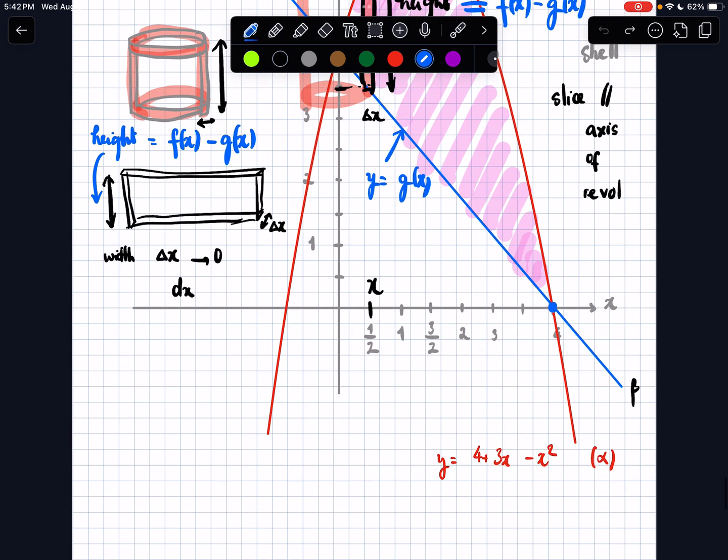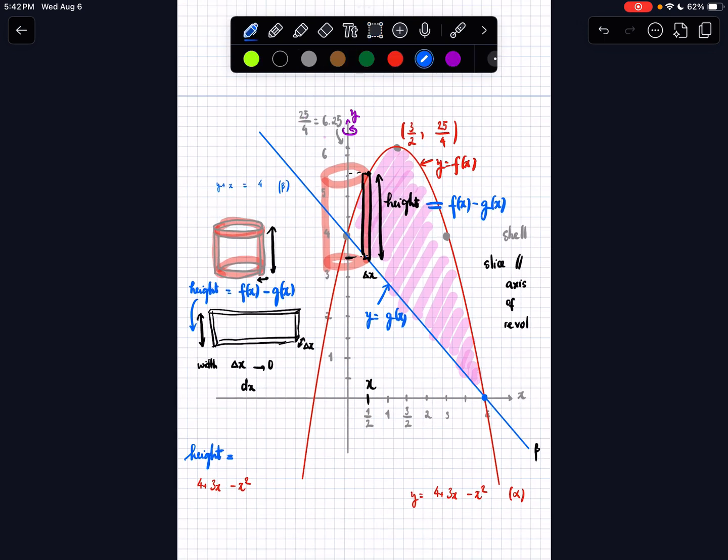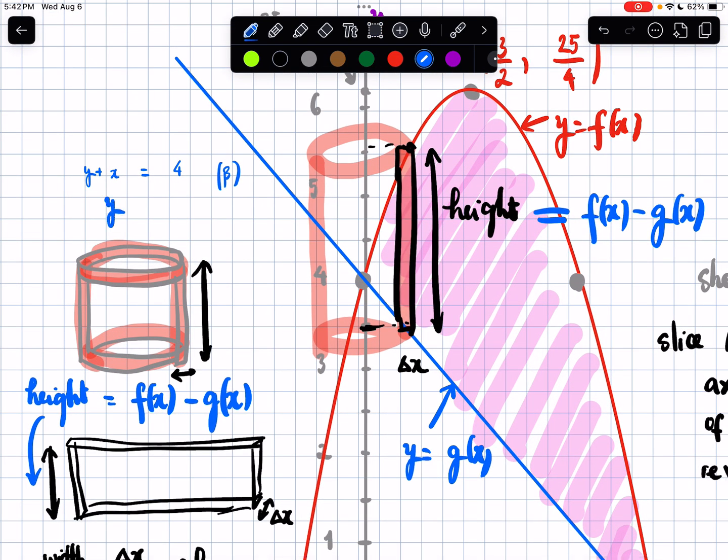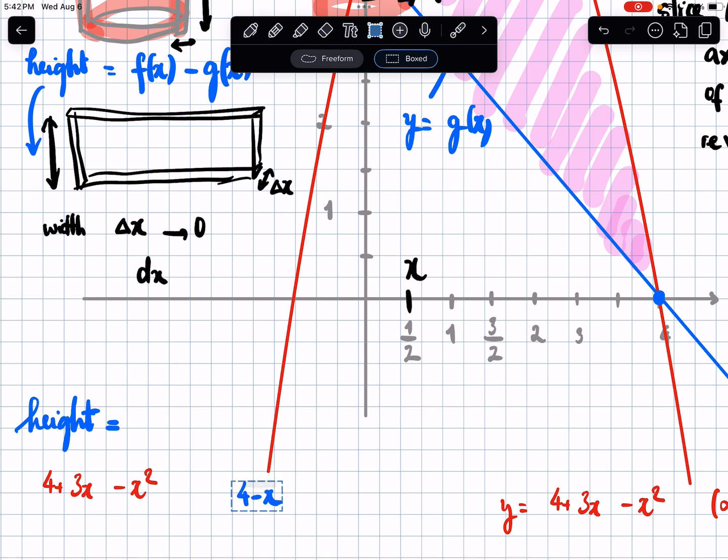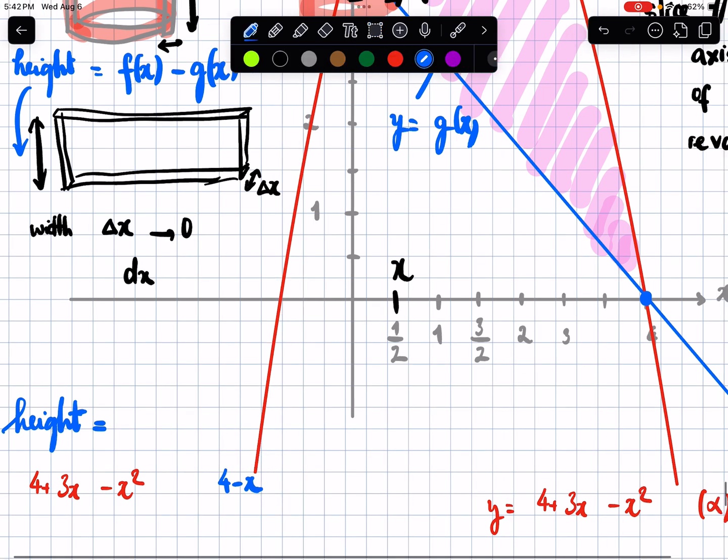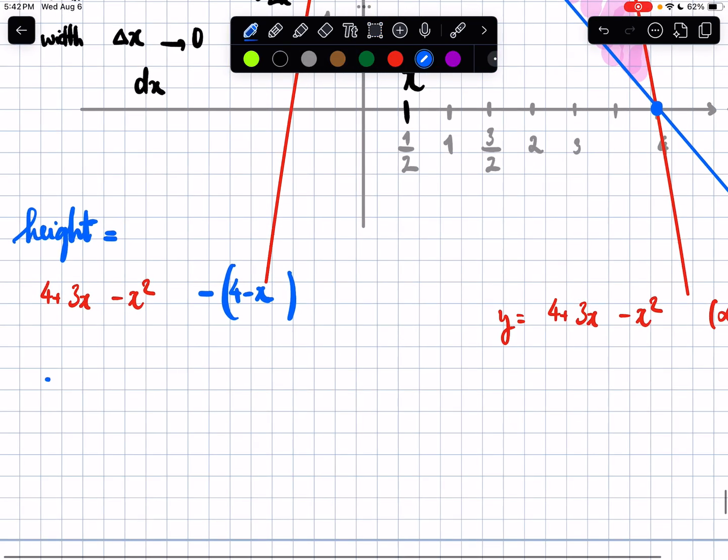So the height is f of x minus g of x, which is minus x squared plus 4x.